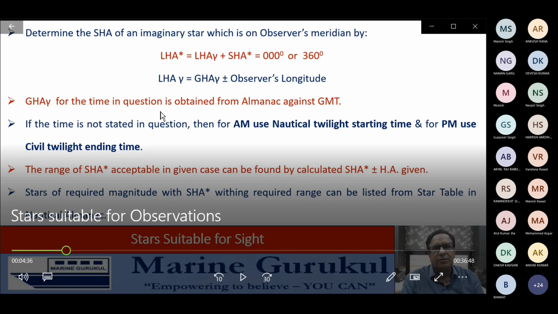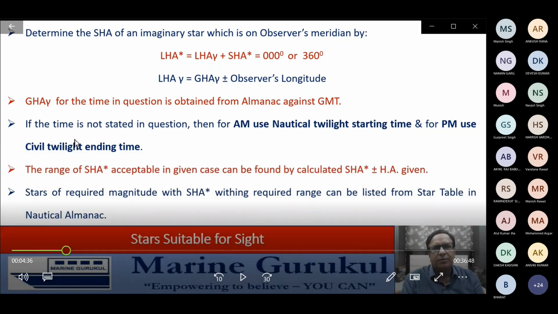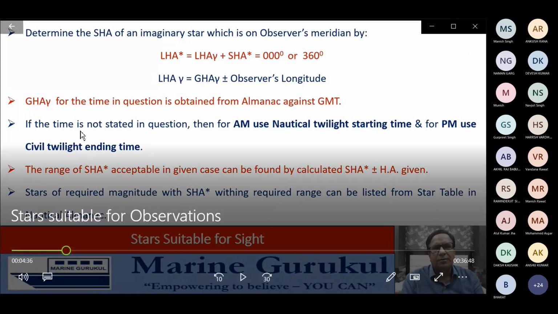GHA Aries, as I told you, is obtained from the almanac against the GMT. Now it is possible that in some of the questions, the time of observation may not be given to us. So in those questions where the time is not mentioned, we use the civil twilight ending time in the evening, and we use the nautical twilight starting time in the morning.